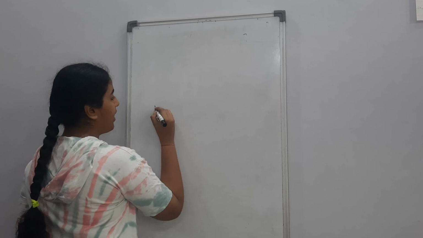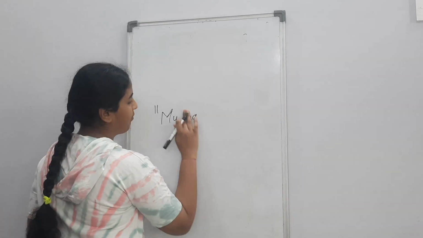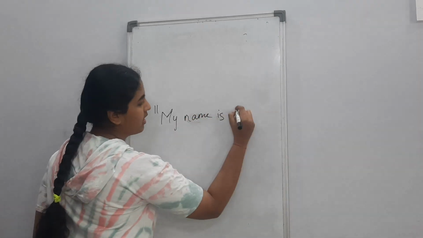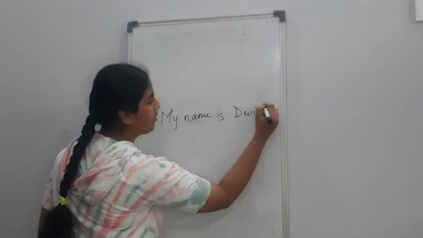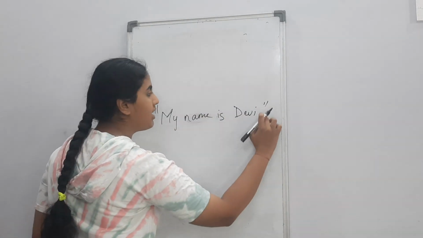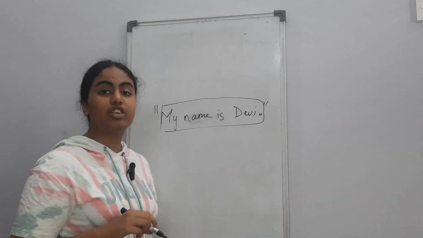String literal basically means anything which you encompass or enclose within quotes. So if I were to write in single or double quotes that my name is Devi, if I were to enclose this in single quotes, then everything within these quotes is a string literal.